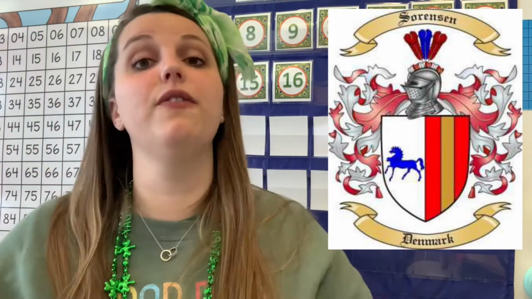Something important to know about when we're thinking about family crests is that not everybody has a family crest, but if you do have a family crest, it was created by your family hundreds and hundreds and hundreds of years ago. So the crest is passed down through the generations.